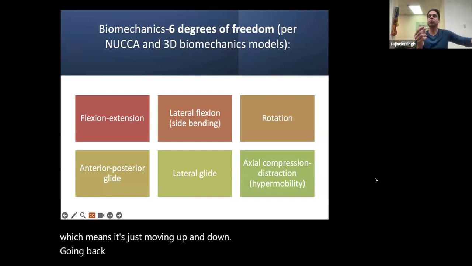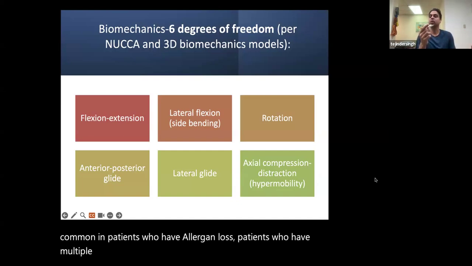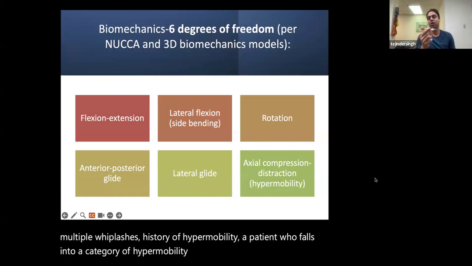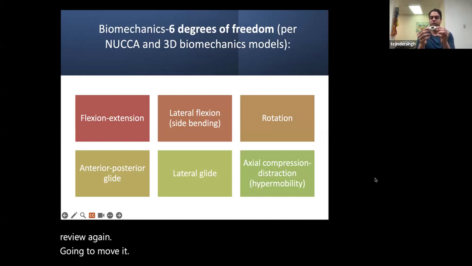Going back to the last lecture, we spoke about how this is more common in patients who have Ehlers-Danlos, patients who have multiple whiplashes, a history of hypermobility, or patients who fall into the category of hypermobility syndrome, right? So just a quick review again: flexion, extension, lateral bending, rotation could be either side.